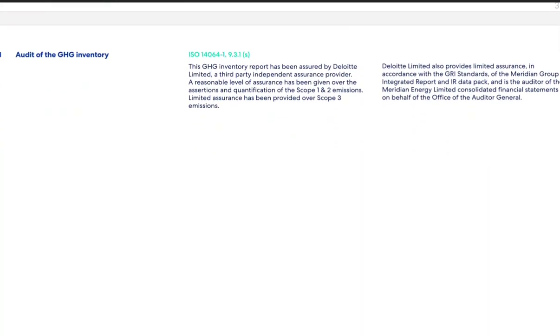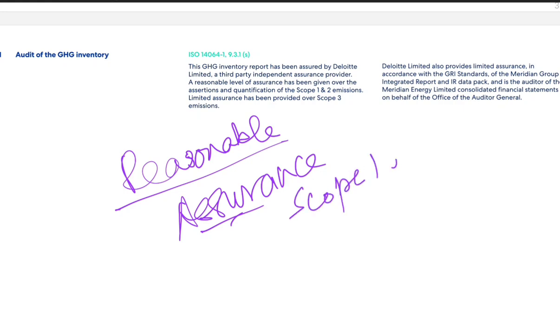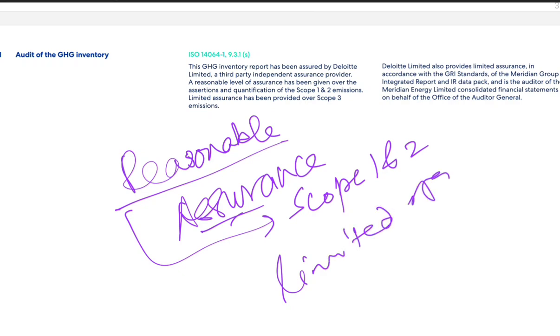Okay, about the audit, you can see the inventory report has been assured by a company called Deloitte Limited, a third-party independent assurance provider. So a reasonable level of assurance has been given over the assertion in quantity, like for scope 1 and 2 emissions, and reasonable assurance for scope 1 and 2 and limited assurance for scope 3.